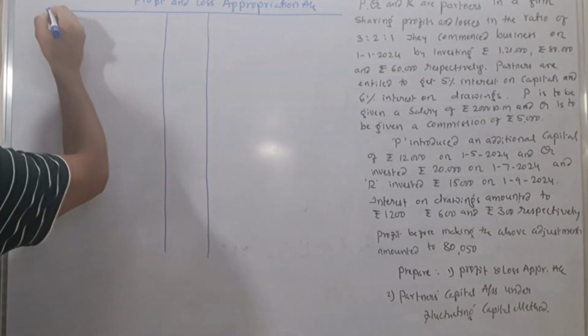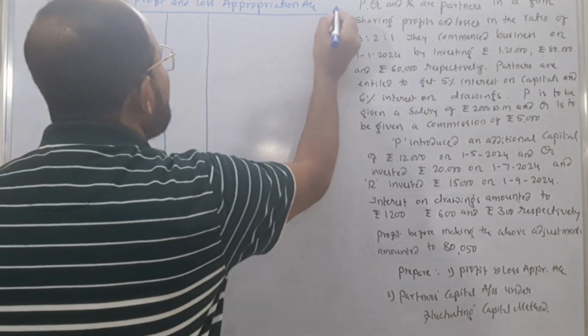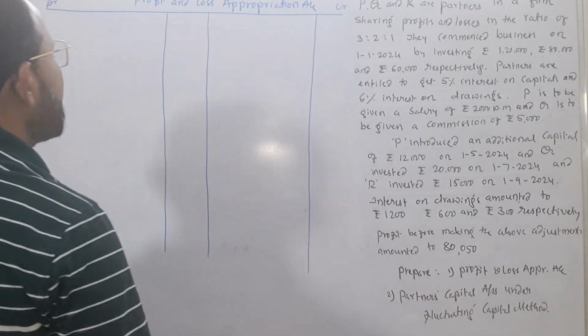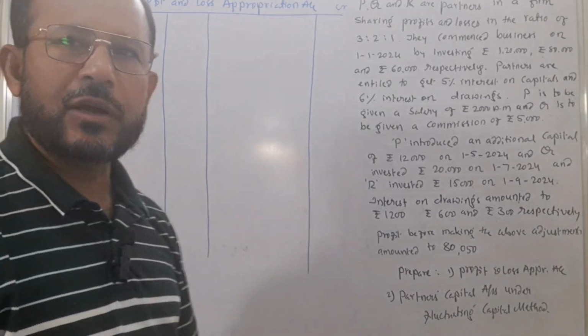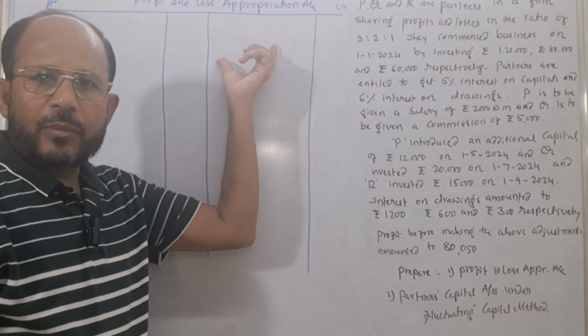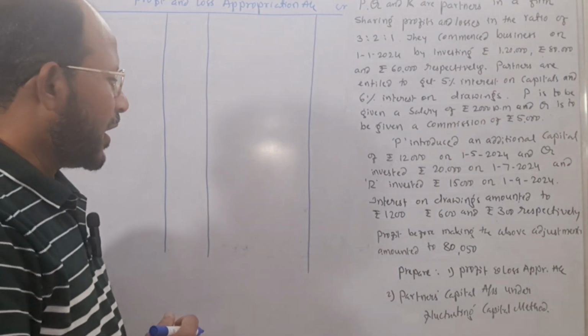Profit and loss appropriation account is the continuation of the profit and loss account that you remember. Whatever the result comes in the profit and loss account, that is the profit. With that profit, we are going to prepare profit and loss appropriation account.